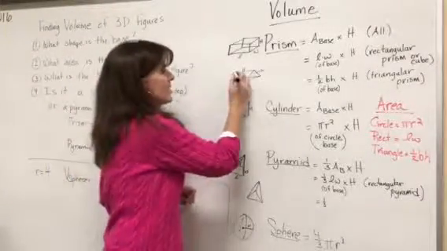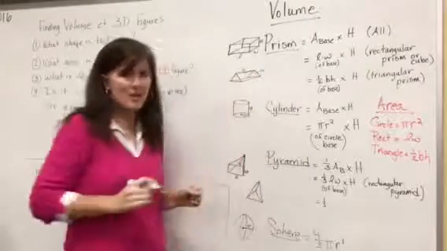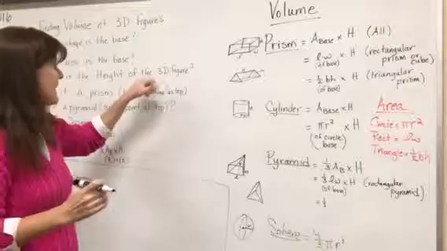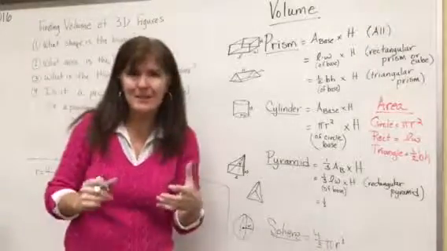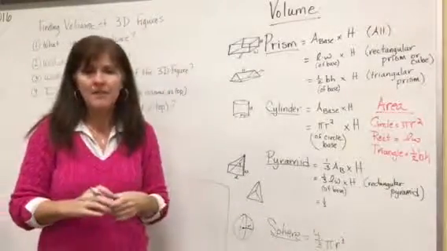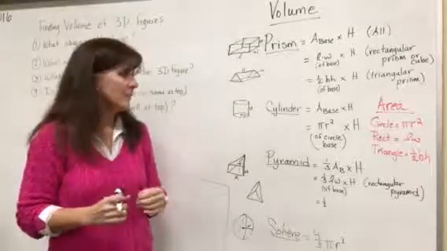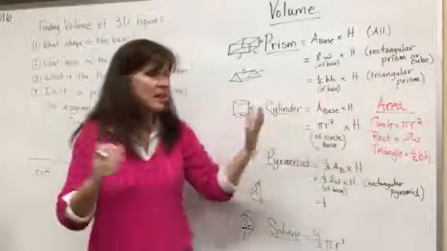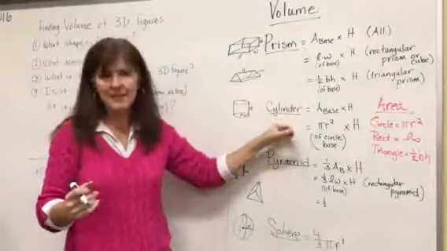But this H is what makes it 3 dimensions. So I call that the big H. And that's the next thing we need to figure out: what is the height of the three-dimensional figure? Once you figure out the area of the base, you multiply it by the big H, and you have volume for prisms and cylinders.